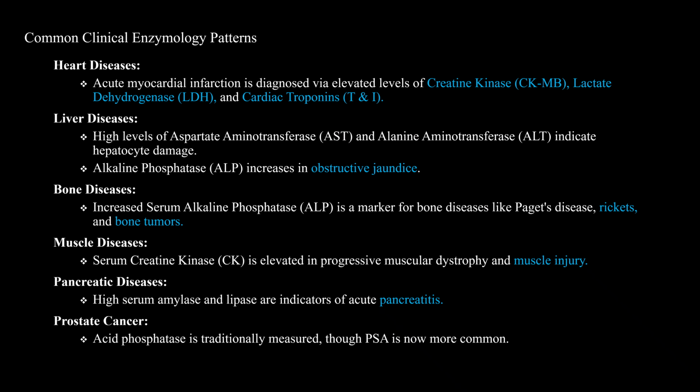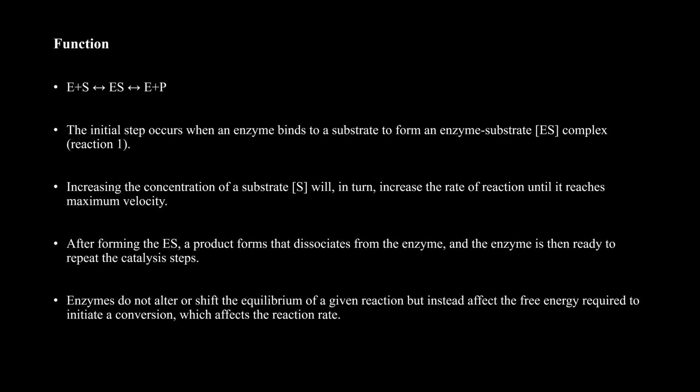ALP increase with observation of jaundice. Bone disease: ALP is a marker for bone diseases like Paget's disease, rickets, and bone tumors. Muscle disease: serum creatine kinase CK is elevated in muscle injury. Pancreatic disease: high serum amylase is an indicator of acute pancreatitis. Prostate cancer: acid phosphatase, and PSA is now more common.